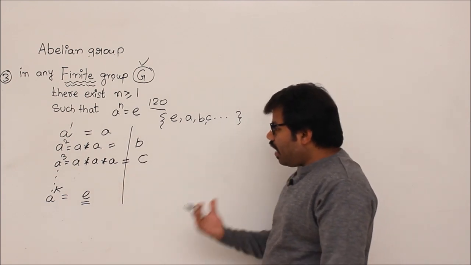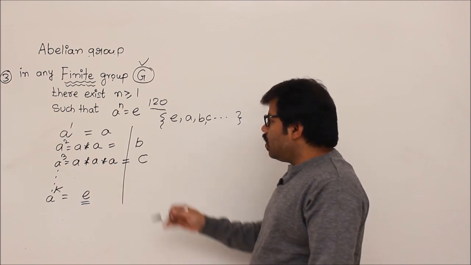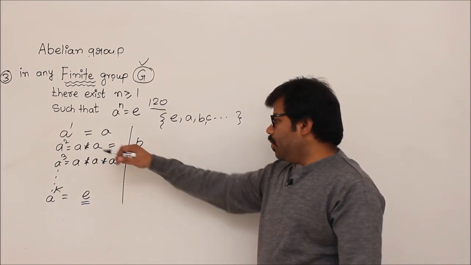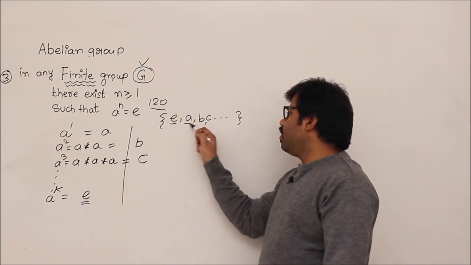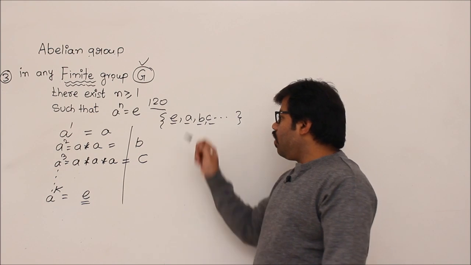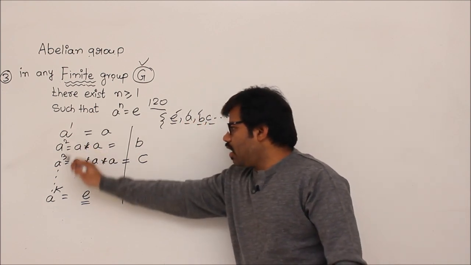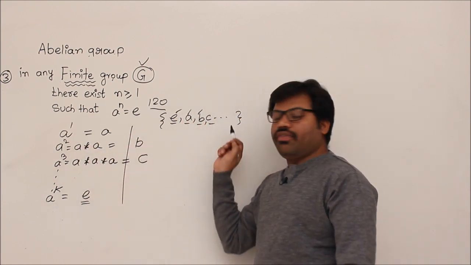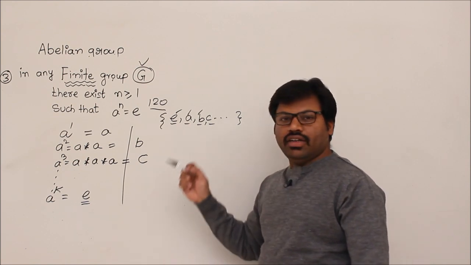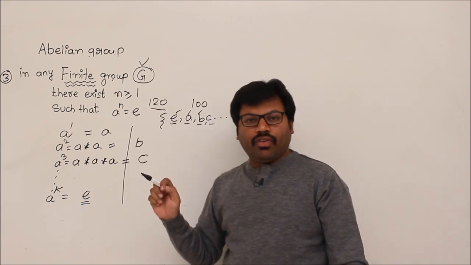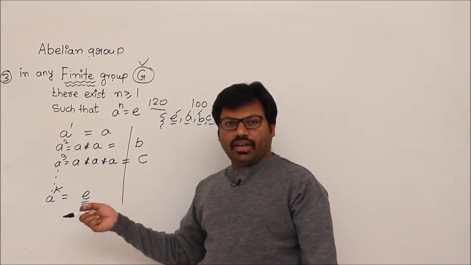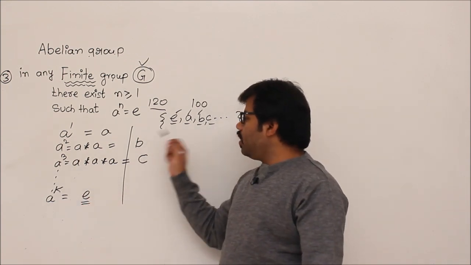Now what can happen is, if you apply this process, you may repeat a symbol, correct? Sir, why will I repeat? Because you have finite symbols. When you have finite symbols and I apply this operation, every time you cannot place a different symbol. Example, let's say you have 100 symbols, then I apply A power 2, A power 3, up to A power 500, then definitely you will repeat the symbols.